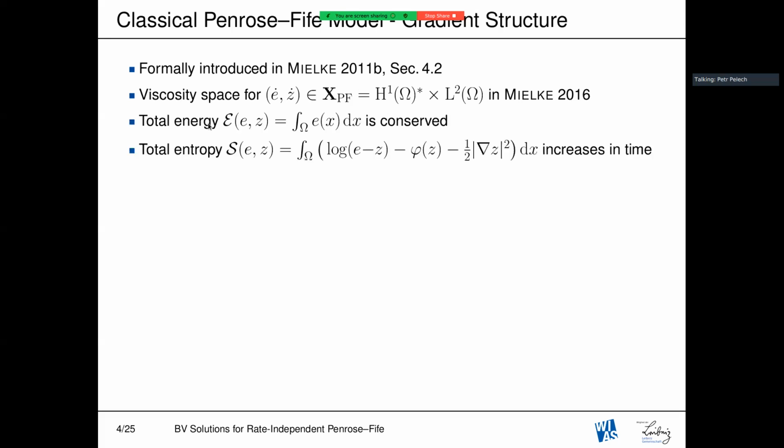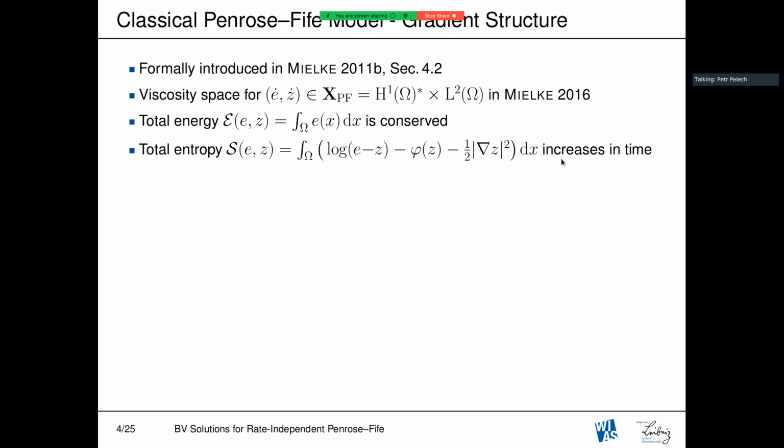We consider the total energy, which is simply the total value in this chart, E and Z, and a total entropy. That's one of the entropies considered by Penrose and Fife. So this is the entropy stemming from thermal effects, and this is the entropy due to the phase transition and phase transformation.